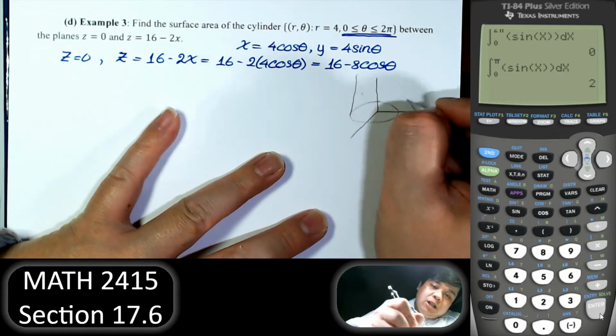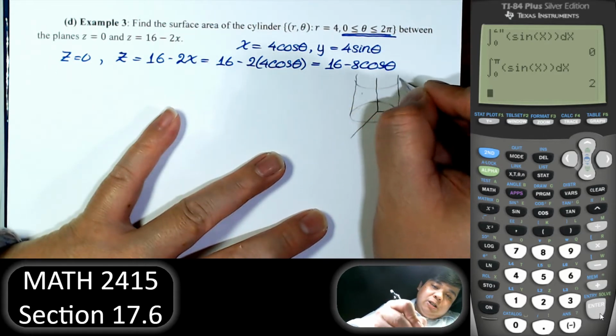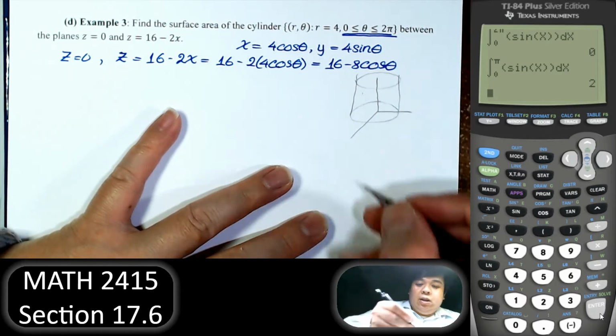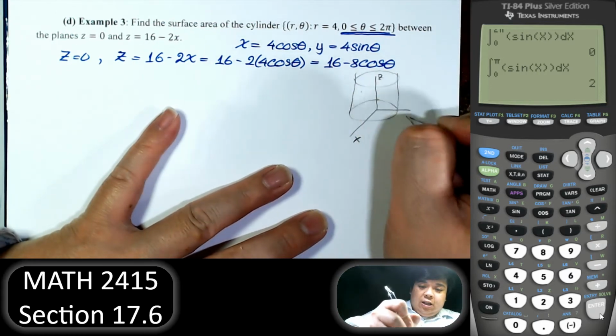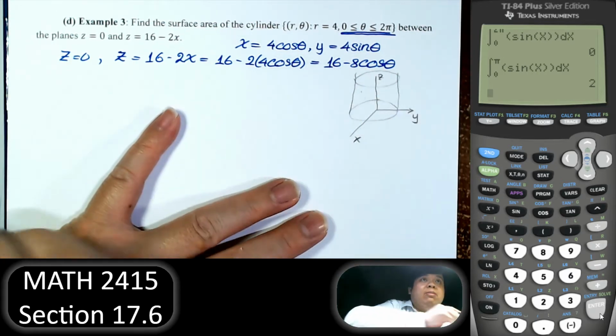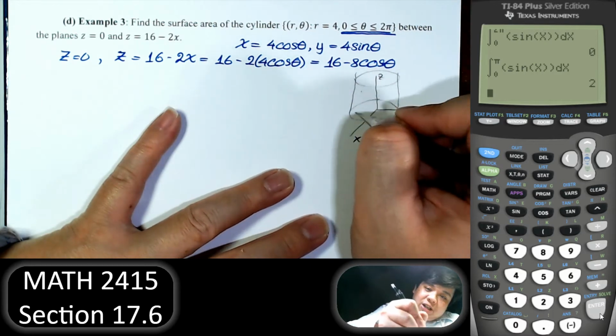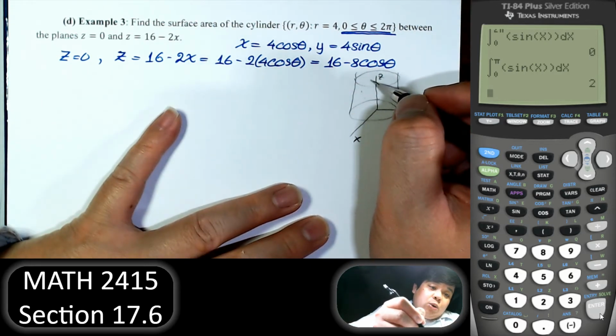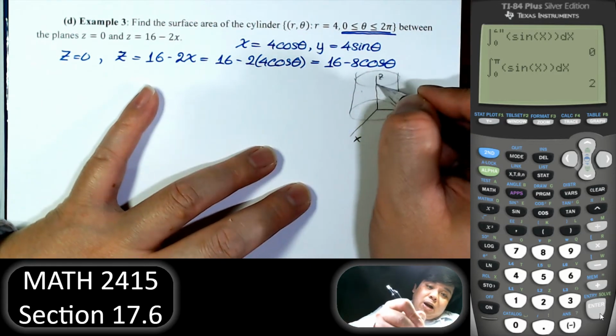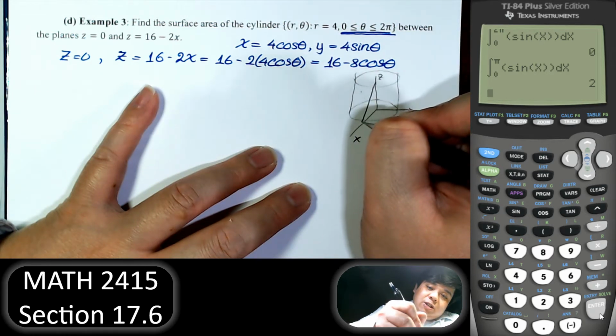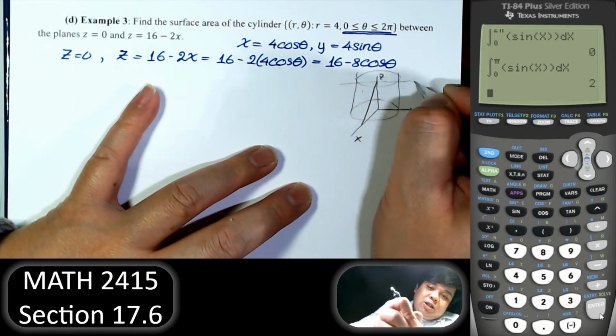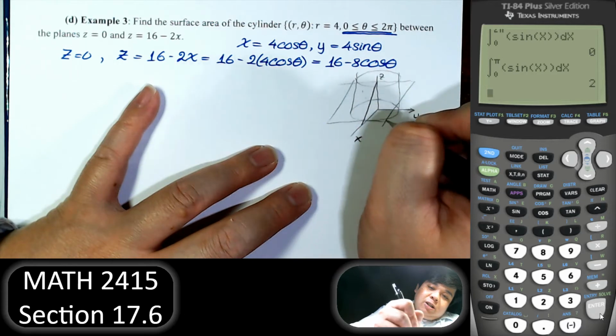So we talk about the cylinder, with axes x, z, y like that. And then z equal to 16 minus 2x, so it looks like this. That is a plane.